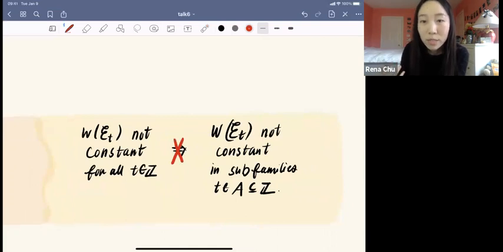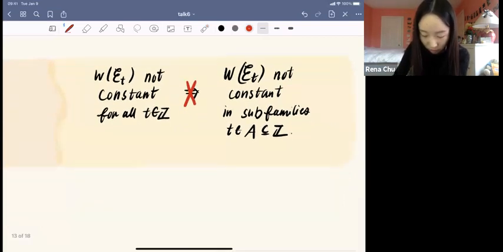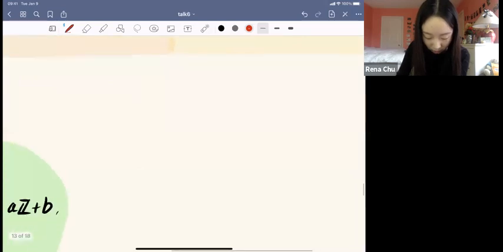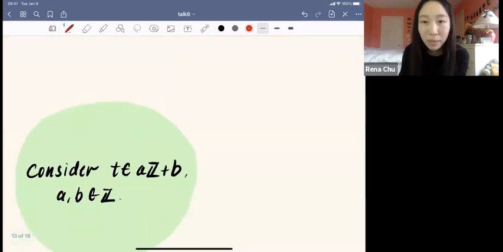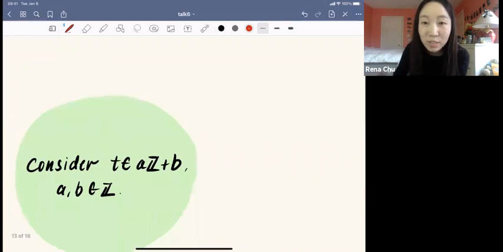When we say subfamilies, we mean when we run T through a subset, so an arithmetic progression of Z instead of all of the integers. So that means we are back in business, and now we can consider, instead of varying T over all the integers, varying T over these arithmetic progressions, subsets of the integers.